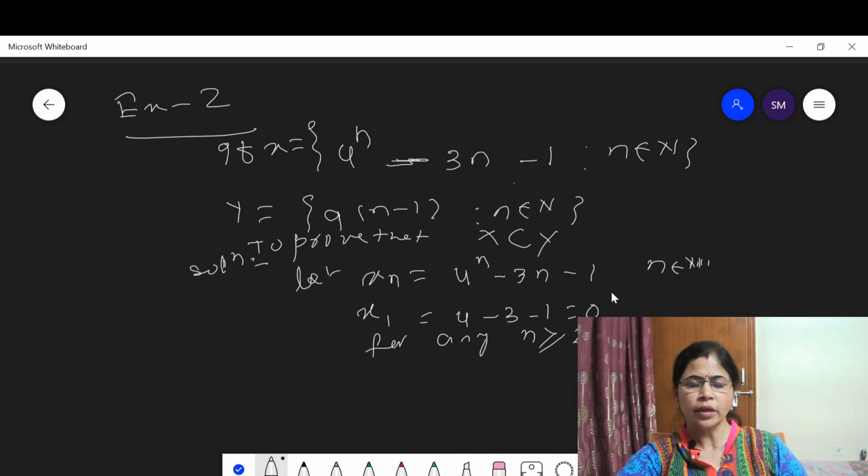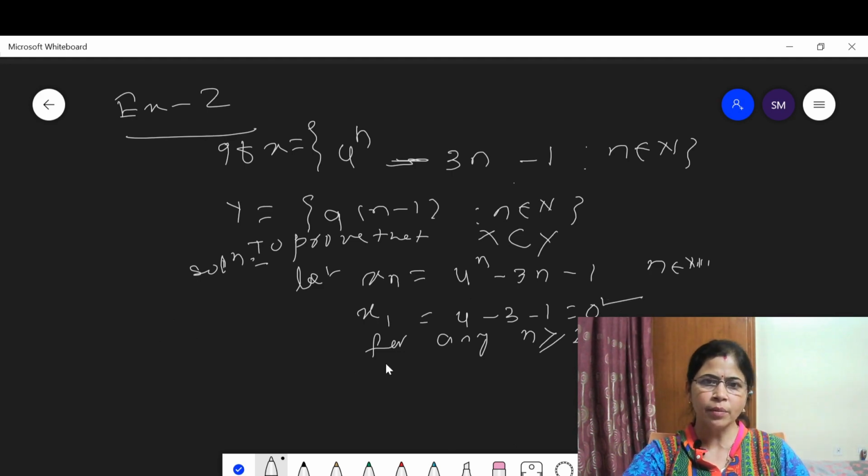Here when we take n equal to 1, we get the value of x equal to 0. Then for any value n greater than or equal to 2, x_n is equal to 4 to the power n minus 3n minus 1.